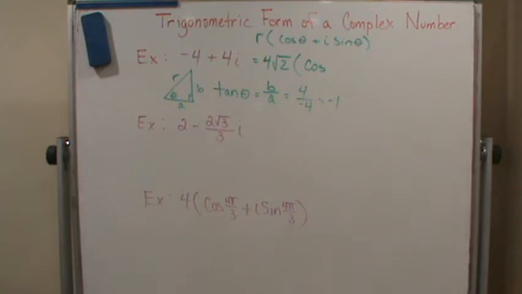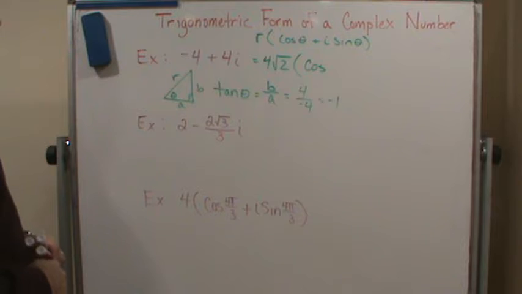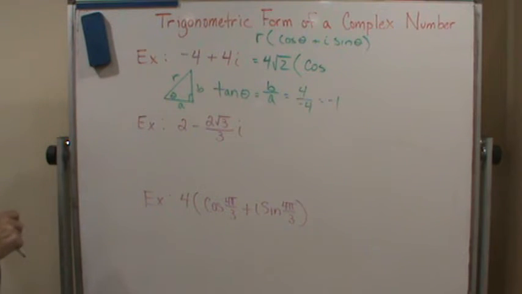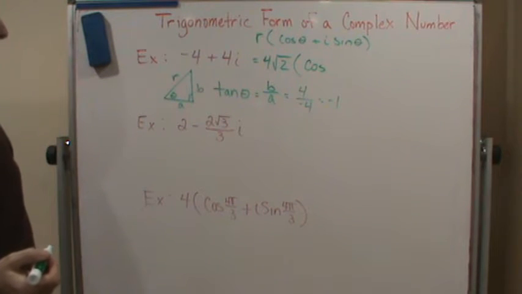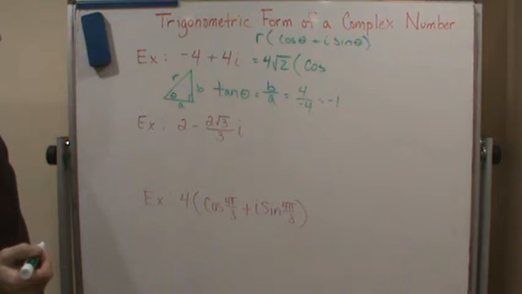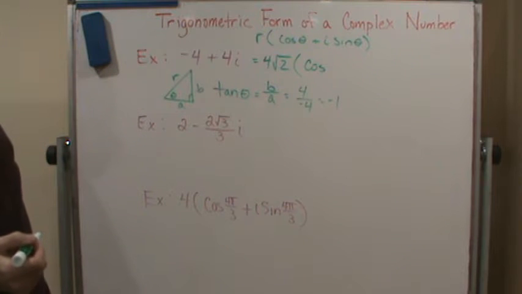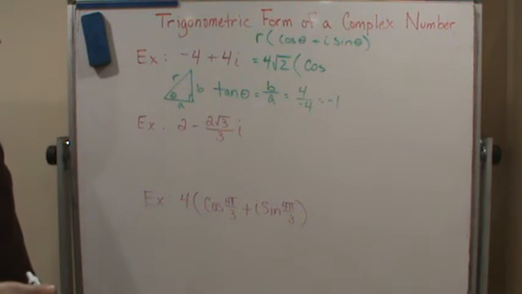Now we just have to figure out the tangent of what angle equals -1. What quadrant is tangent negative in? Tangent is negative in the second and fourth quadrants.